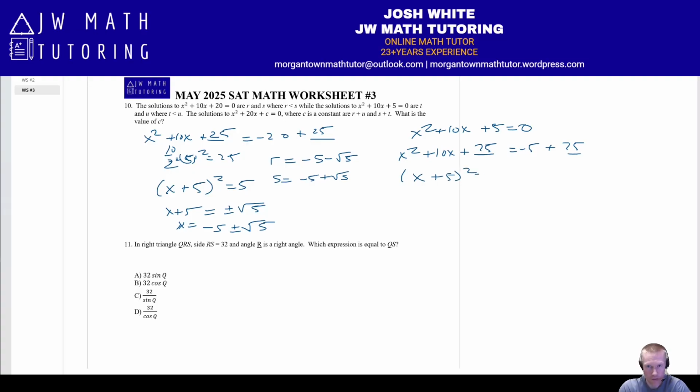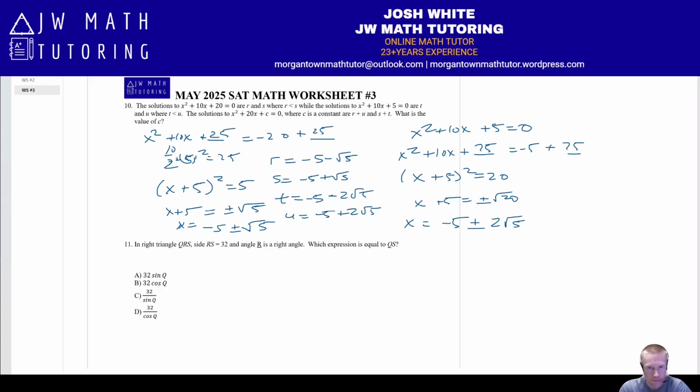X plus 5 squared equals, this one is 20. It's going to be x plus 5 equals plus or minus root 20. X equals negative 5 plus or minus, and the square root of 20 I will simplify to 2 root 5, because it's 4 times 5, and the square root of 4 is just 2. All right, so now t is the smaller, so that's negative 5 minus 2 root 5. U is negative 5 plus 2 root 5, the larger.